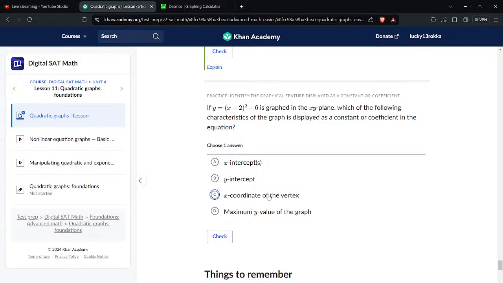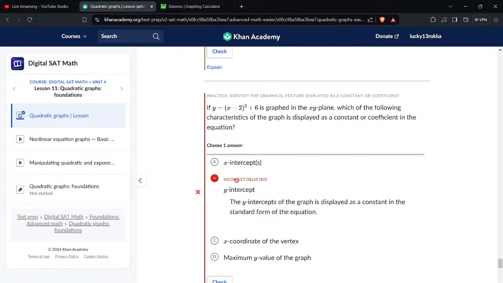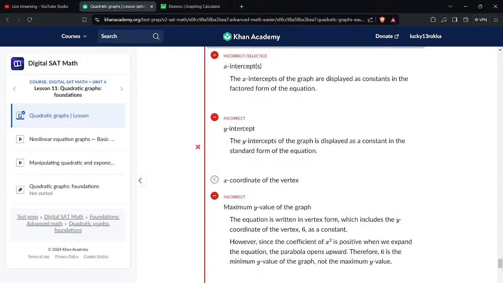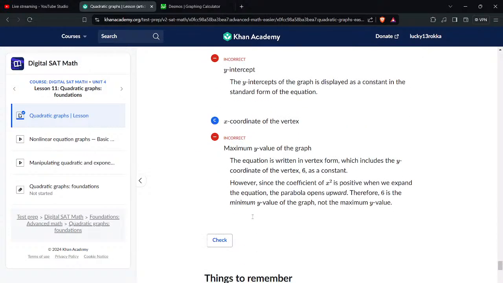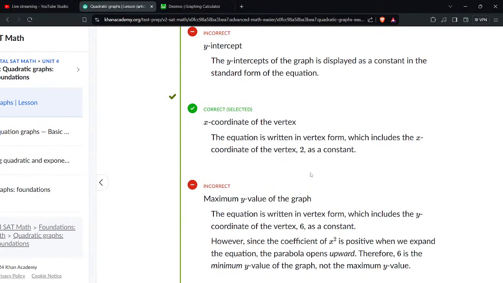The x-coordinate is the y-intercept, right? Wait, bro, what? We have the k, right? So x comma k. It's not the x-coordinate of the vertex, it's the maximum y value of the graph. It's the x-intercepts. It's the x-coordinate of the vertex. What?